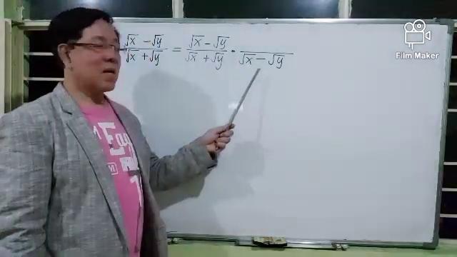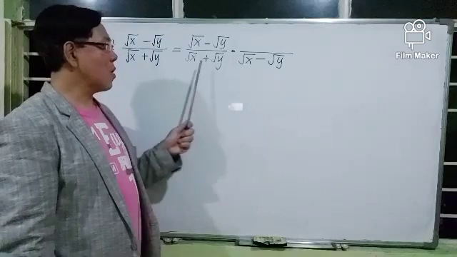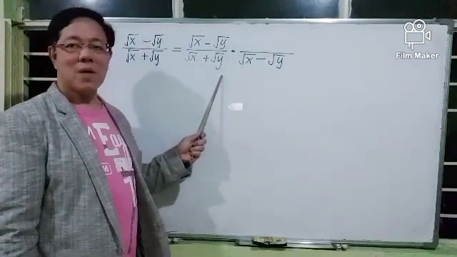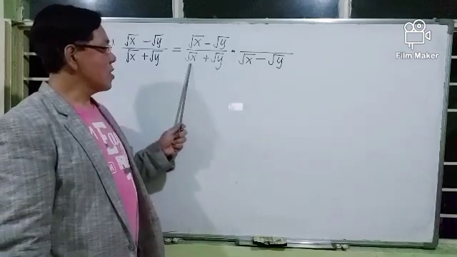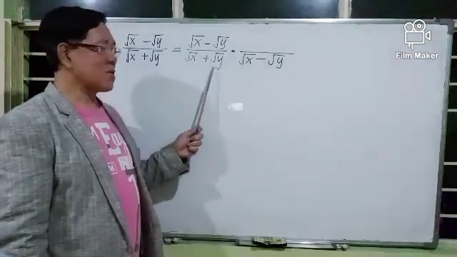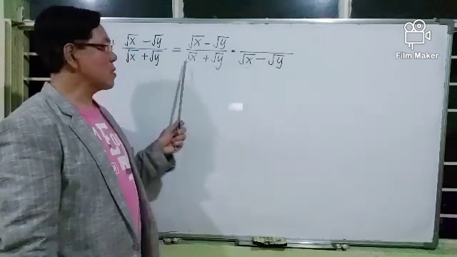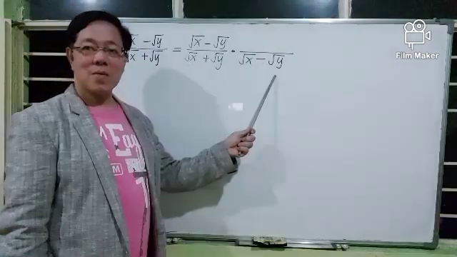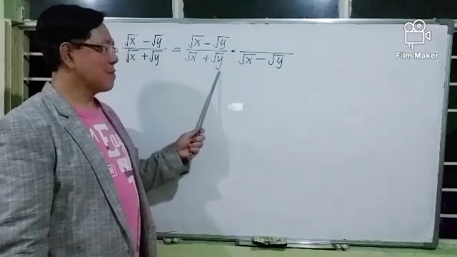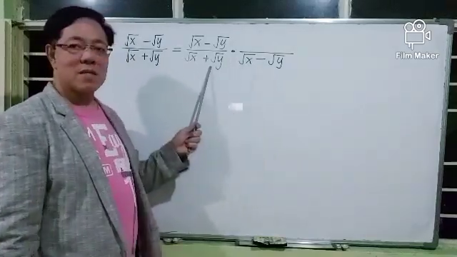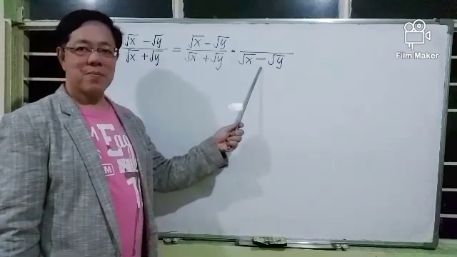Square root of x minus square root of y is the conjugate of square root of x plus square root of y. Again, the conjugate has the same first term, square root of x, and the same second term, square root of y, except that the sign between the two terms is not positive but negative.